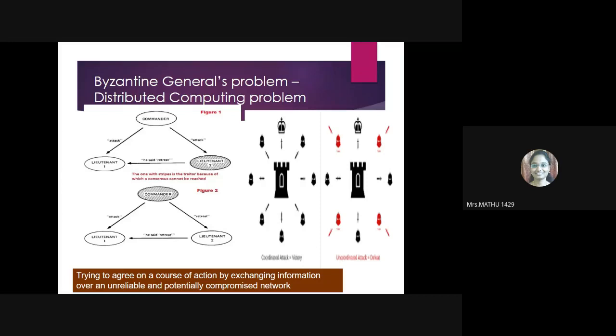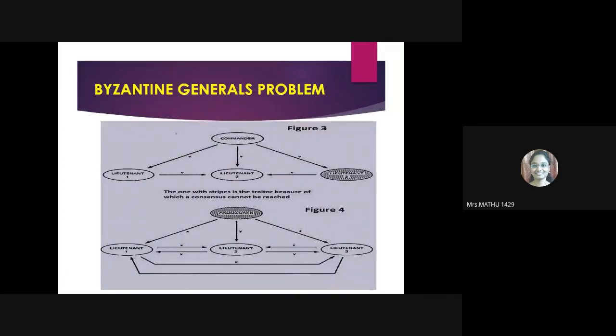So this is the Byzantine generals problem. I think now you will be able to understand what a distributed system is. It is the paradigm where all the nodes should work together in a coordinated fashion to achieve a common outcome. Here the common outcome is to attack the city and destroy the enemies.